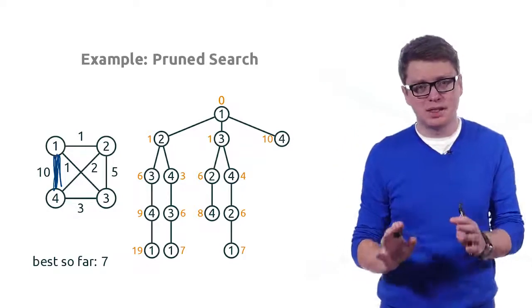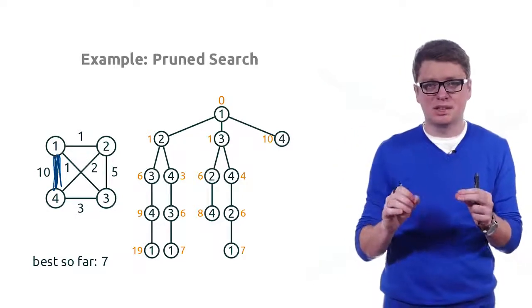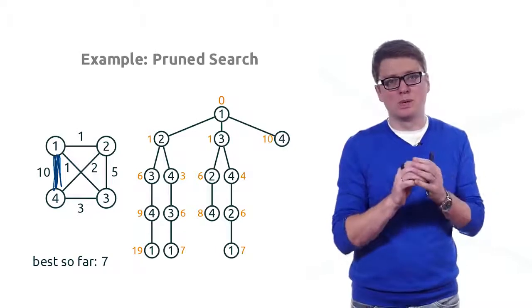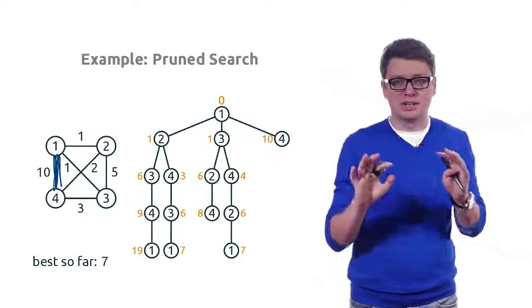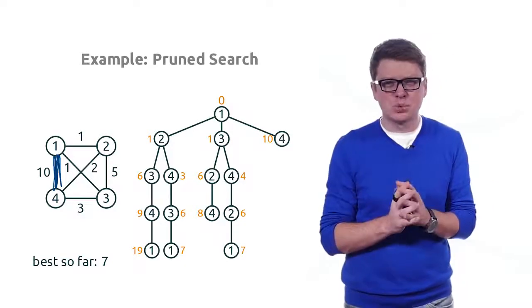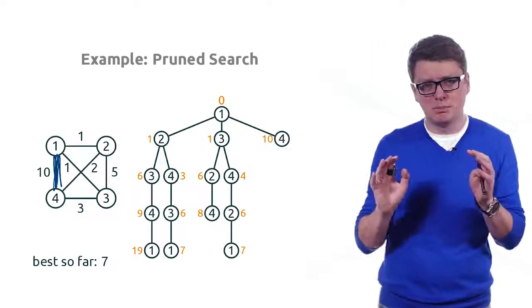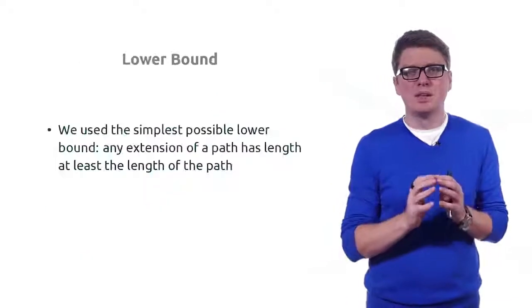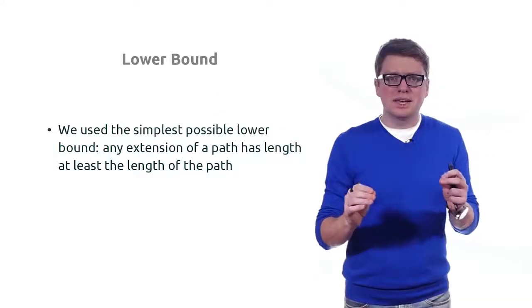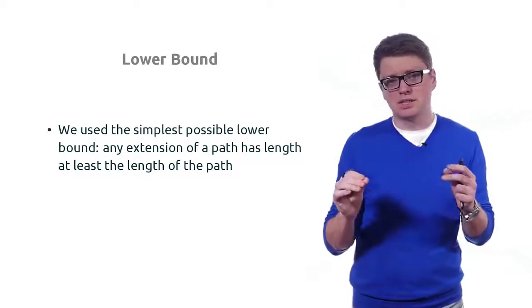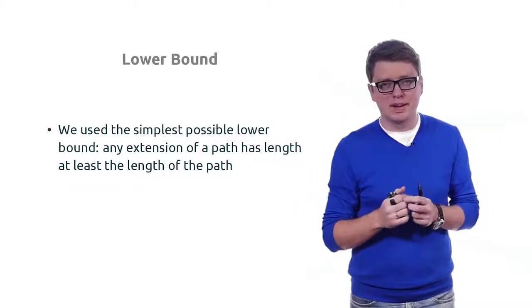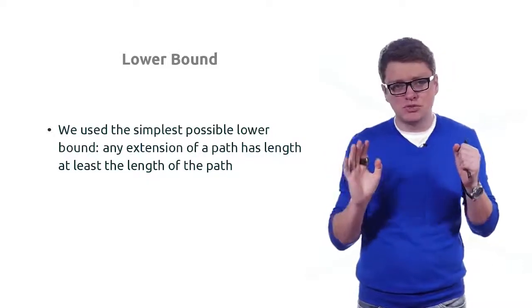For this toy example, the savings are modest, of course, but when the graph is larger and there is a larger deviation in the edge weights, the savings might be very dramatic. Okay? So once again, what we used to lower bound the length of the cycles that we can get in the current branch is almost something trivial, right?